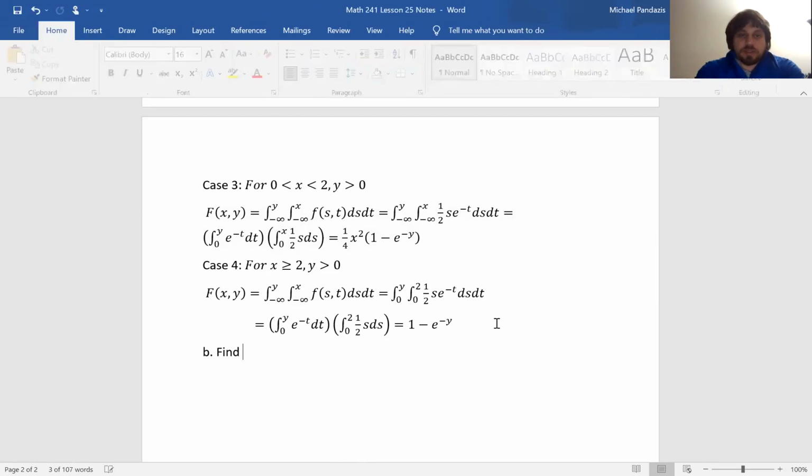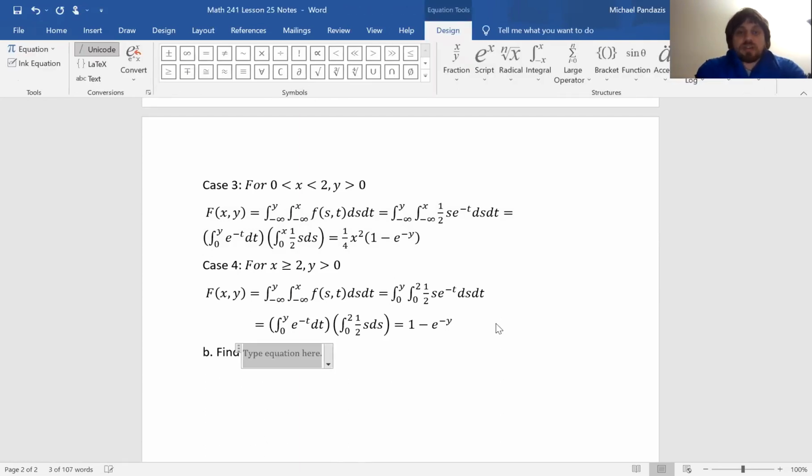Okay, first we want to find the probability that x is less than or equal to 1, and y is less than or equal to 2, and that's equal to capital F of 1 comma 2. That's what that means. It means x is at most 1 and y is at most 2.